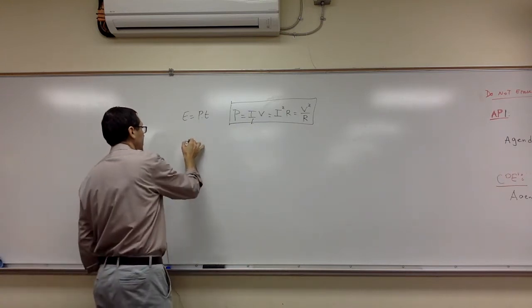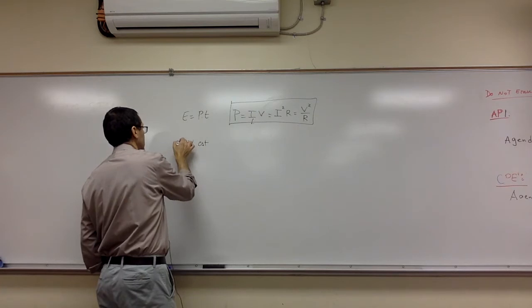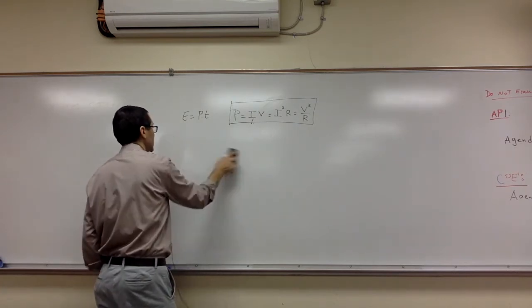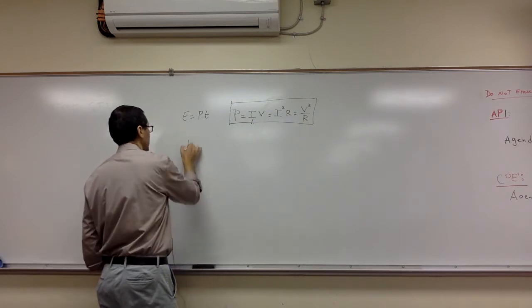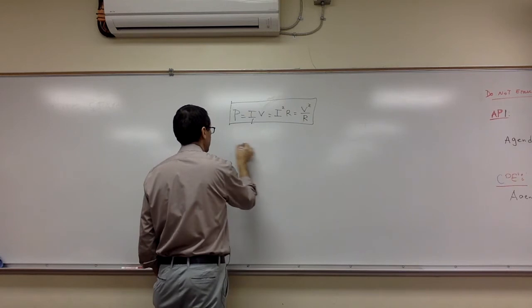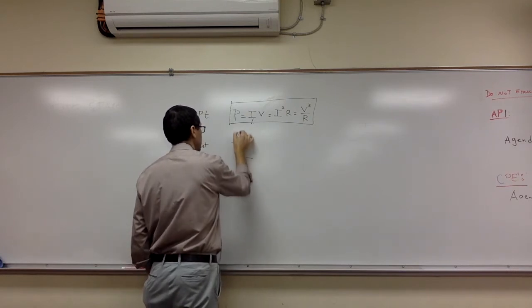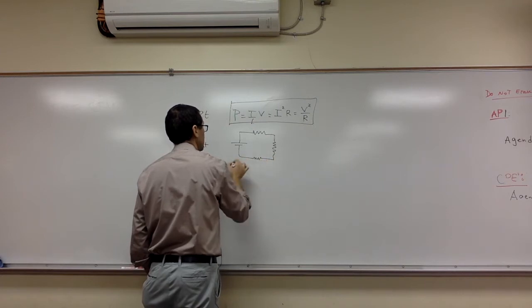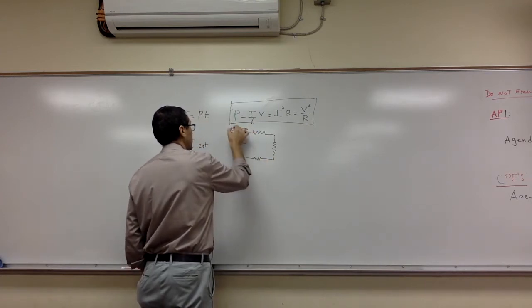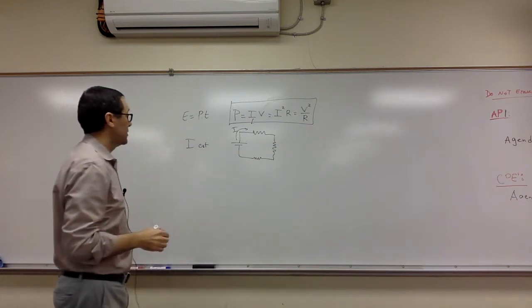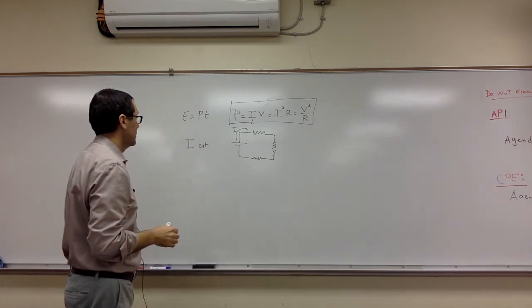Now, if V is constant, okay, maybe I should do if current is constant first. If current is constant, like in a series circuit, it looks like this, and I have a bunch of resistors here, okay, the current is I. Current going through each one of them is the same, because there's only one path for it to flow.